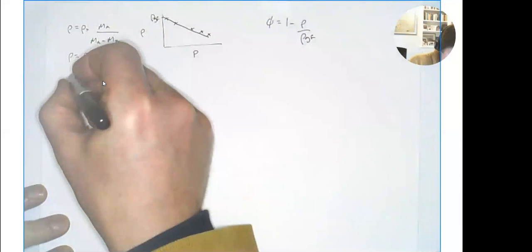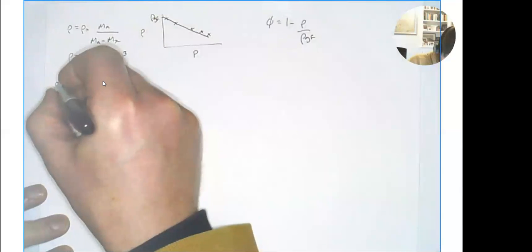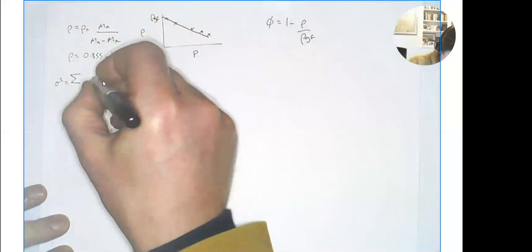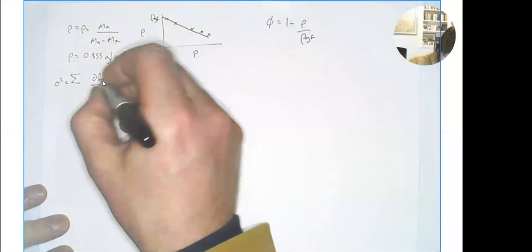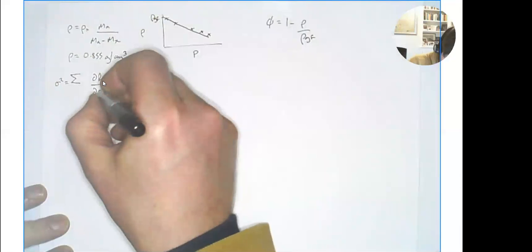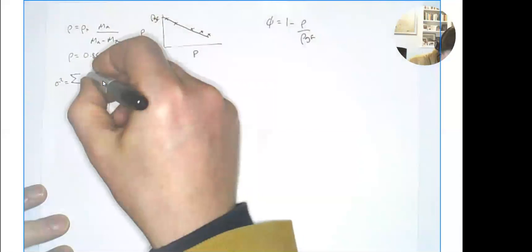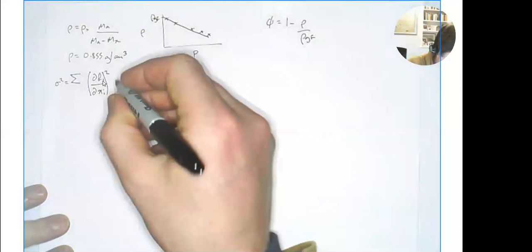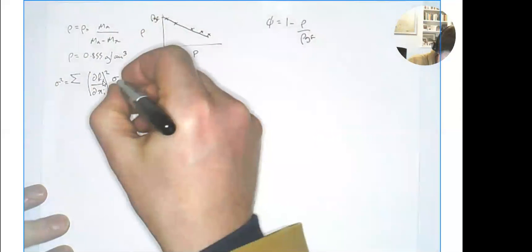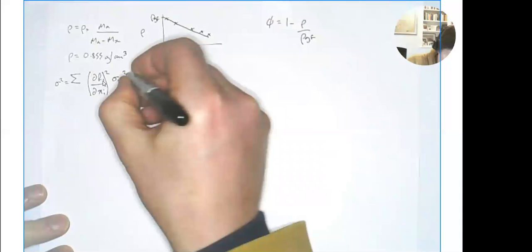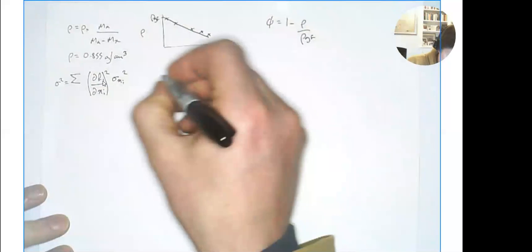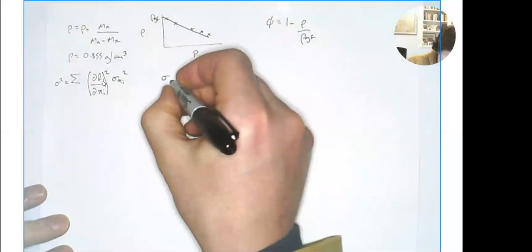And we remembered the propagation of error general equation, where you take the partial derivative of your function with respect to each variable, and square that and multiply that by the variance of each variable, add them up.